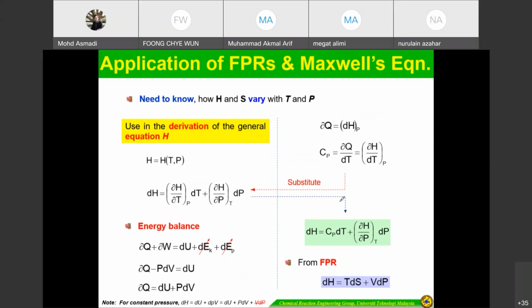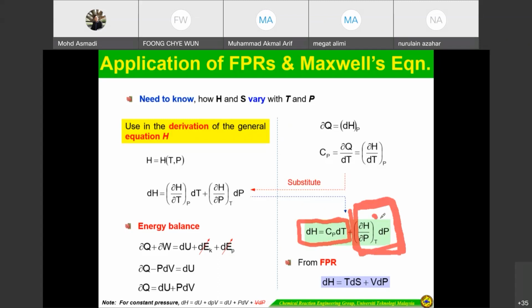This is a general equation that you know from the previous chapter and the mass and energy balance. But how about this one? Our concern is how to determine this one.